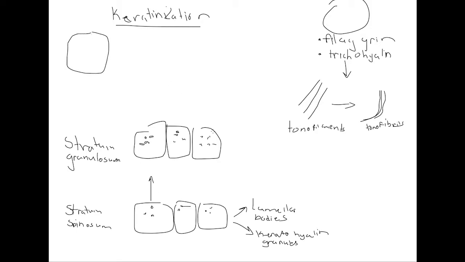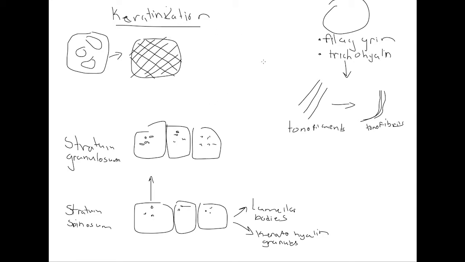So in the skin, the cell will actually die, so it won't have any of its organelles anymore. So I'll draw some of its organelles here. This is before keratinization takes place. Okay, it won't have any organelles left, and it will have a bunch of intermediate fibers, like tonofilaments, forming a scaffold inside it and taking up a large portion of it, almost entirely filling it up with this scaffold.